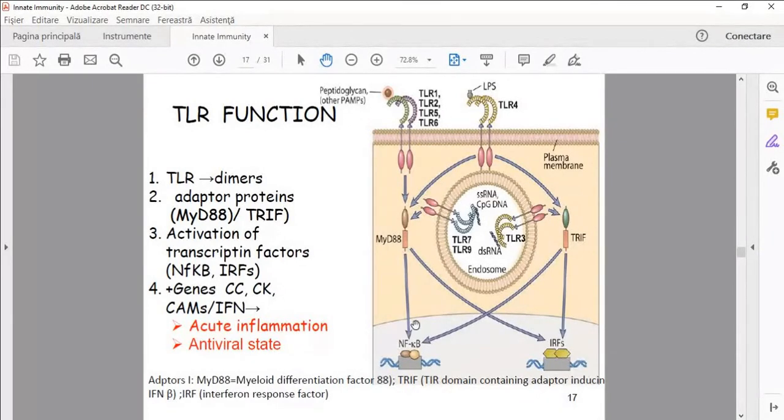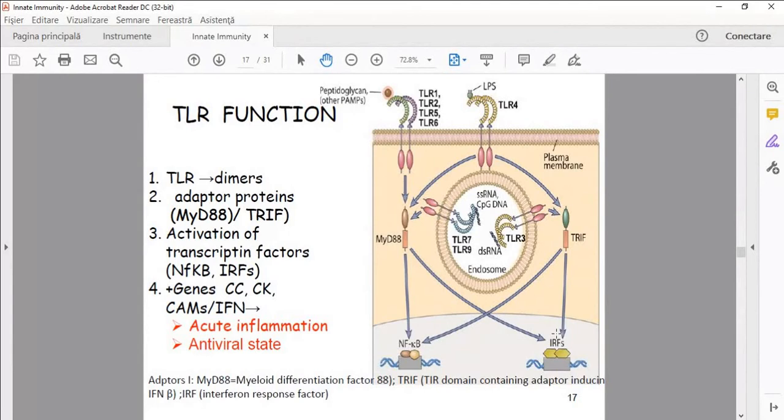And also as a result of this attaching with these adapter proteins, these proteins will also undergo conformational modification, and this will lead to activation of a cascade of phosphorylases, which finally will allow the activation of some transcriptional factors, for example interferon response factors or NF-kappa B. As a result of activation of transcriptional factors, the rate of transcription of some molecules will increase.